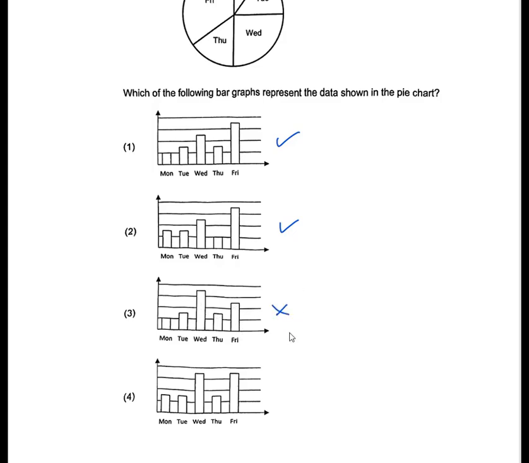So this is definitely not a choice. Similarly, the amount of money spent on Friday and Wednesday seems to be equal here, which is clearly not the case. So we can remove these two and now concentrate on these two options only.